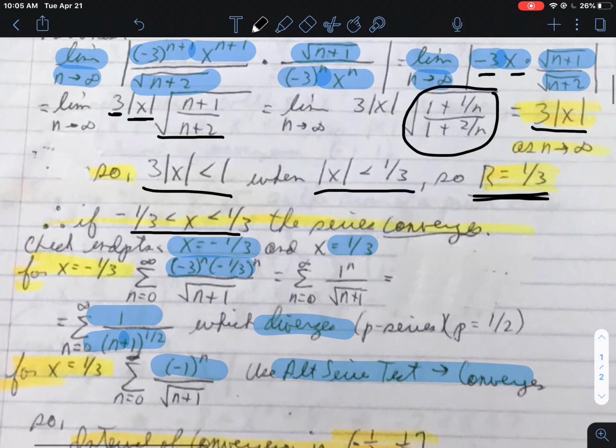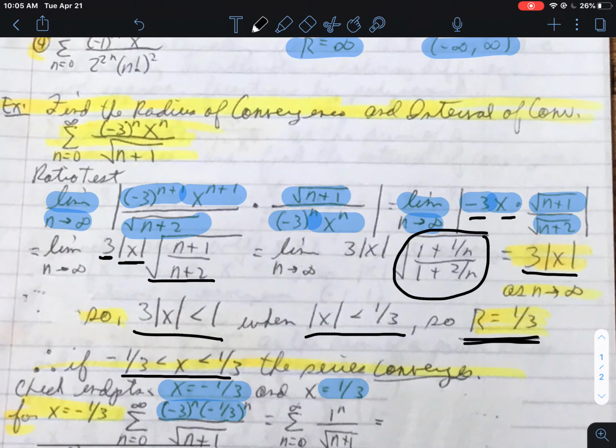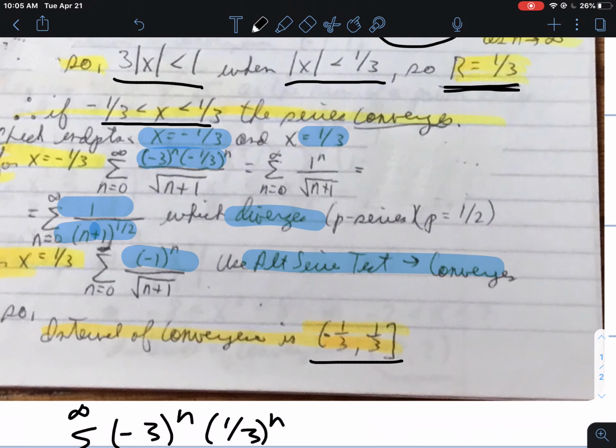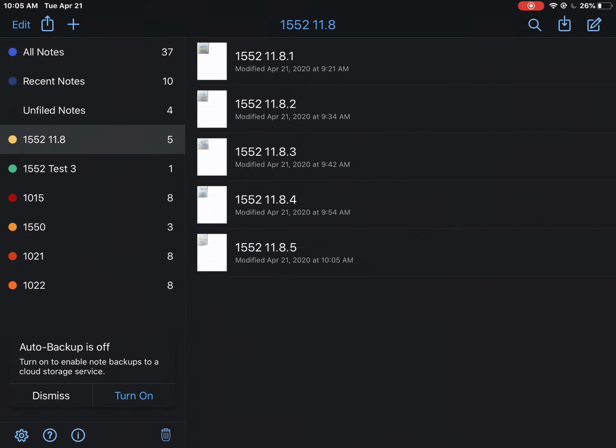And that would also be the domain of the function defined by that series. So if we called that f of x and said find the domain of that series, the domain of that series would be negative 1/3 to 1/3, excluding negative 1/3 and including 1/3. Okay? There's your power series.